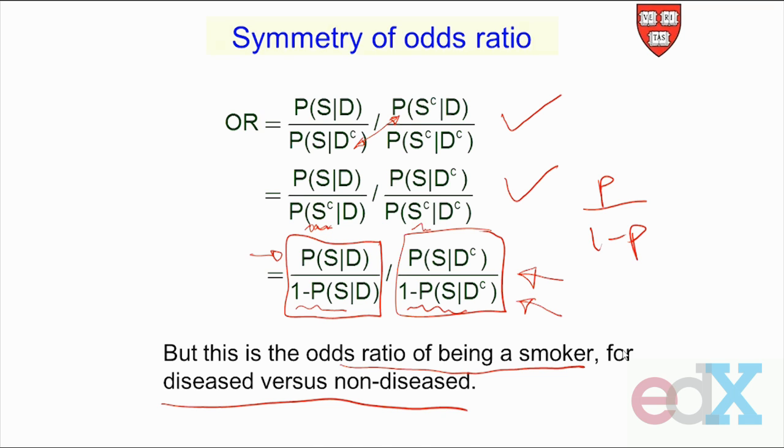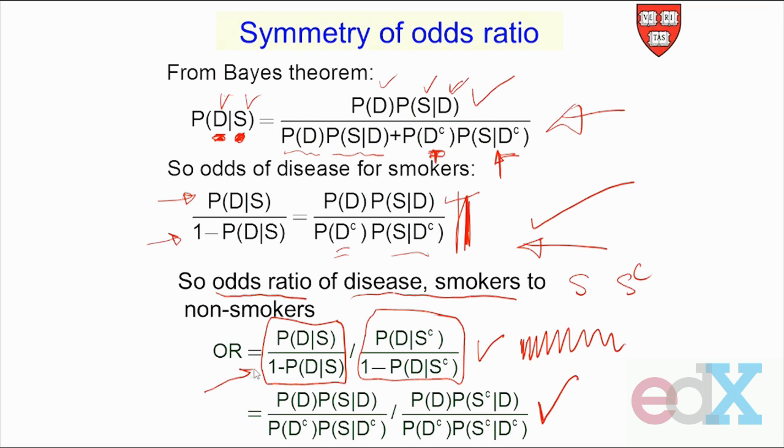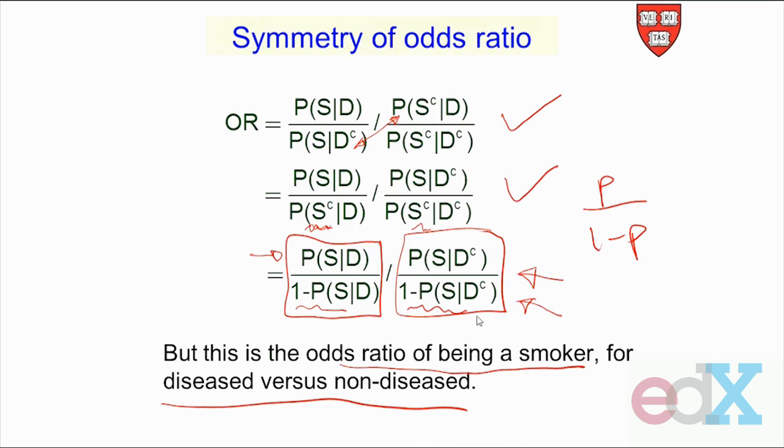So you can go from this. How would you find the probability of having the disease given that you smoke? That means you would have to follow people through their lifetime and see what is the probability that smokers get the disease, namely lung cancer, and follow the non-smokers through their lifetime and see which ones of those get lung cancer. And we flip things around, so now we're talking about the probability of smoking given diseased people.